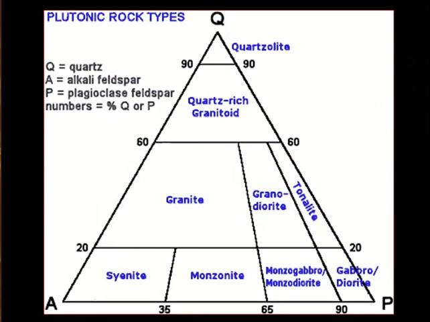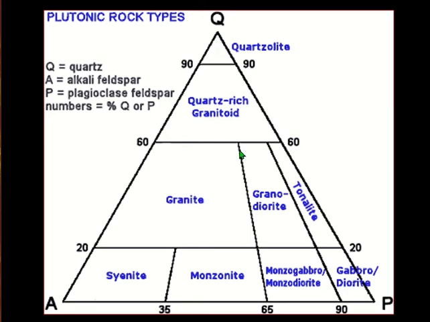So another way of looking at it is this ternary diagram. And not a lot of people other than geologists do ternary diagrams. They're tremendous fun. This one has quartz, alkali feldspars, and plagioclase. And so the more that a rock will have of each, the closer it will be to each corner. So a rock which is entirely made of quartz will be up here somewhere, which is a very rare rock as an igneous rock.